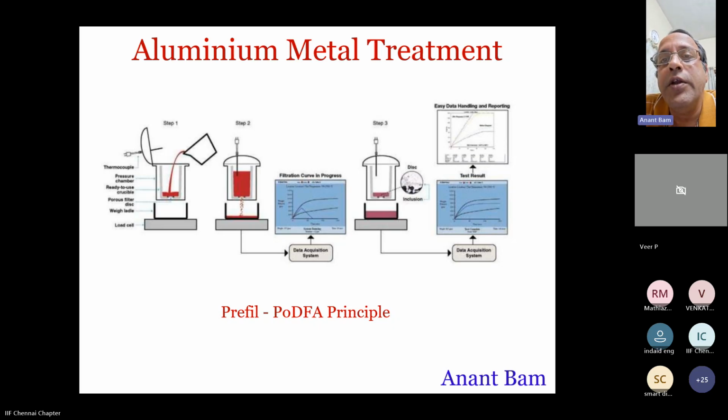Hence, Prefil is a practical study which is supportive and used on shop floors. And PoDFA gives you quantification, the number of inclusions, but that is for academic purpose. It doesn't have any practical significance. Next slide, please.